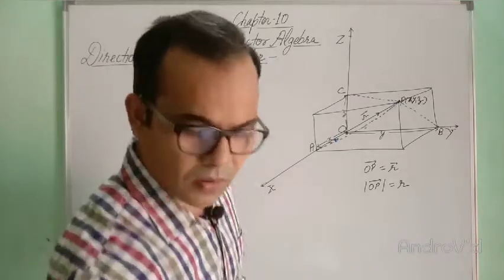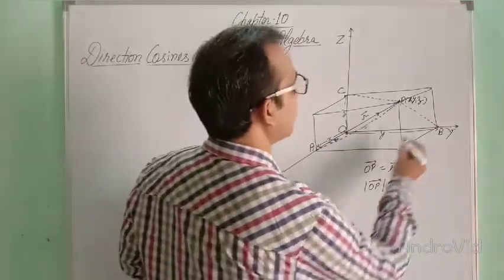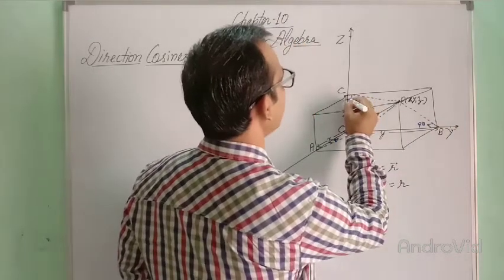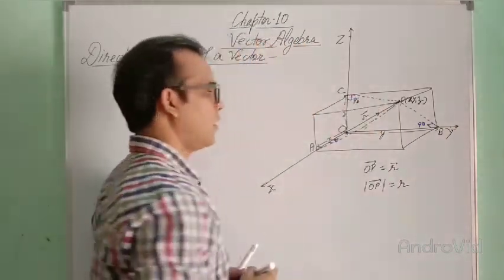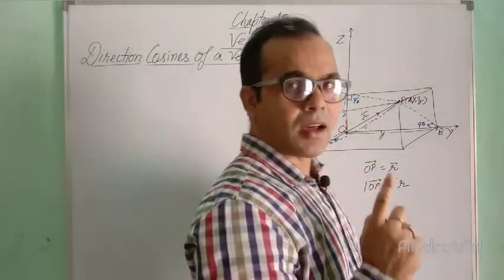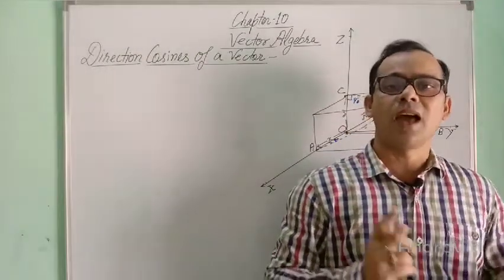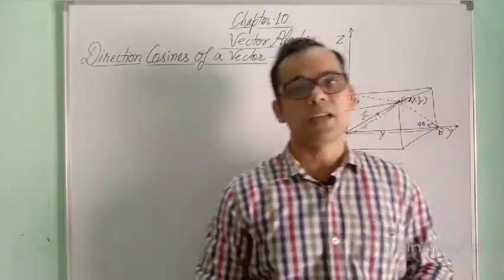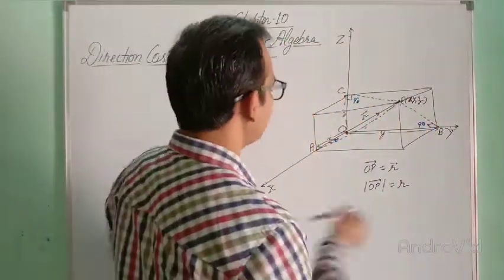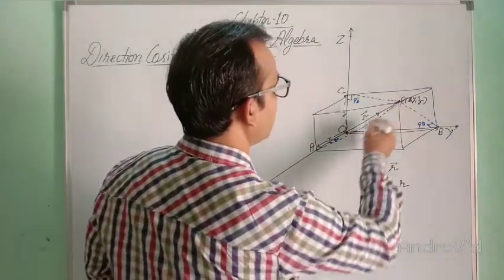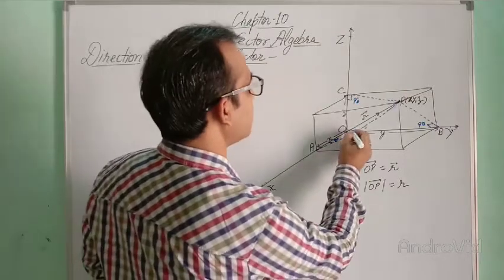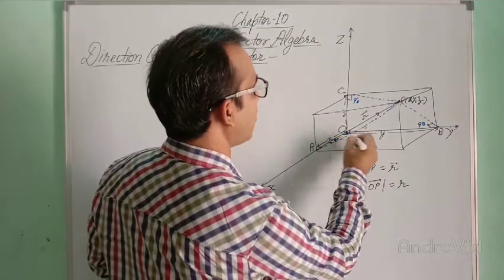Clear? Now here you see that this angle is 90 degrees, this angle is also 90 degrees, and this angle is also 90 degrees. Now the vector R makes angles of alpha, beta and gamma with respect to these axes. The R vector makes an angle alpha with the x-axis, which means this angle is alpha.